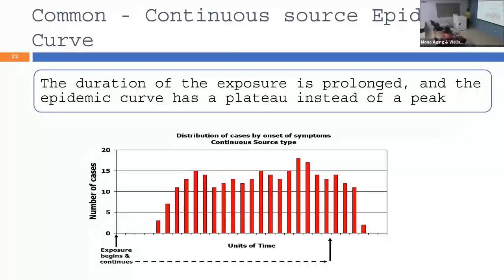And so you have more cases occurring, and the period is more protracted. The illness will continue until either the source is exhausted, or there is some control, or the source is removed. So the pump's removed, and then the cases gradually fall.